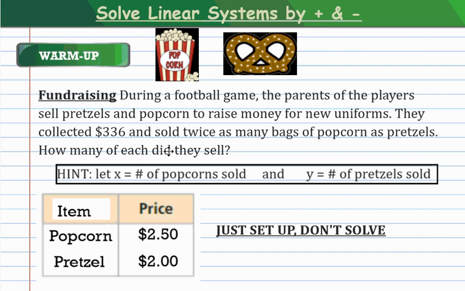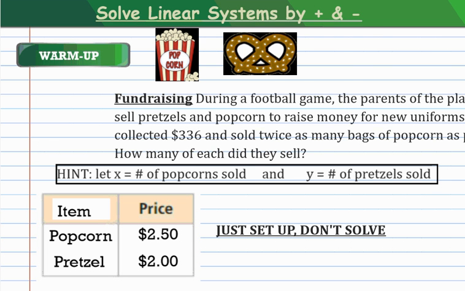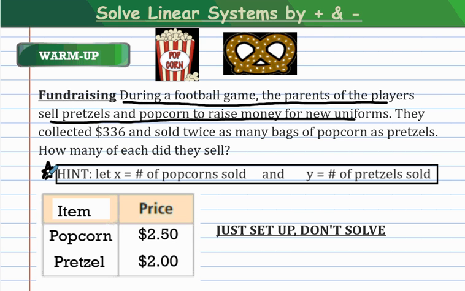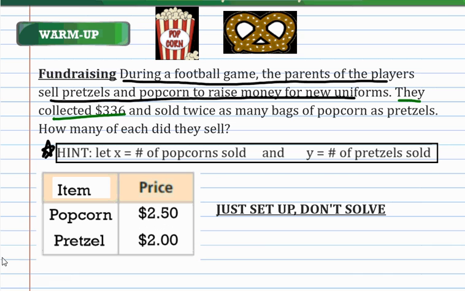Okay, here we go. This first sentence is just what allowed us to define our variables. Once we have our variables defined, then we can write the equations. It said they collected $336. That's the money equation.